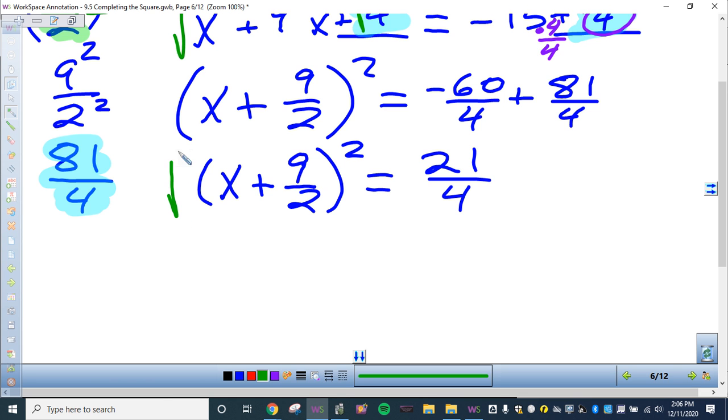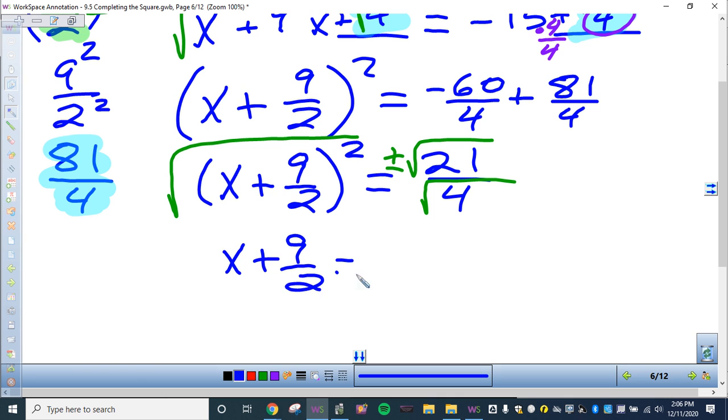Last, we'll square root, and I'm going to show square root in both numerator and denominator because I can take the square root of 4. So we have x plus 9/2 equals plus or minus square root of 21, which we can't do evenly, over 2 because we can square root 4 evenly.